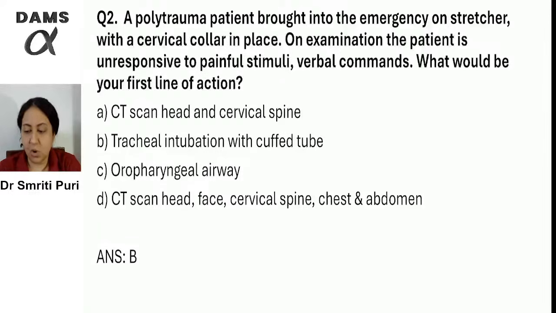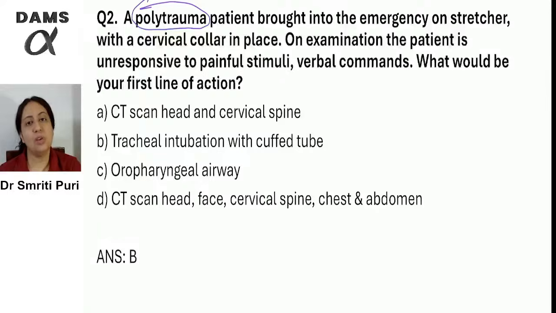Now again, let's see what information is being provided in the question. We have to pick up clues from the question. Polytrauma patient. When it's a polytrauma patient, that means the patient is suspected to have facial bone fractures, a head injury, and a suspected cervical spine injury.